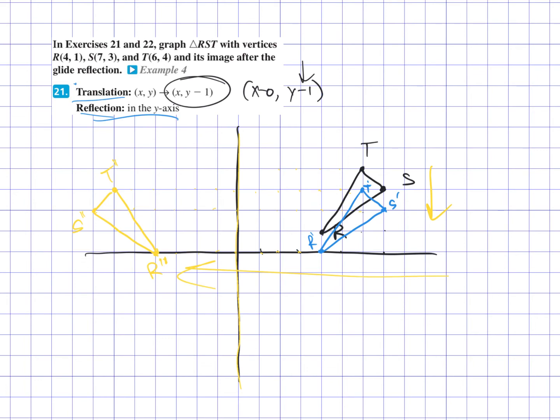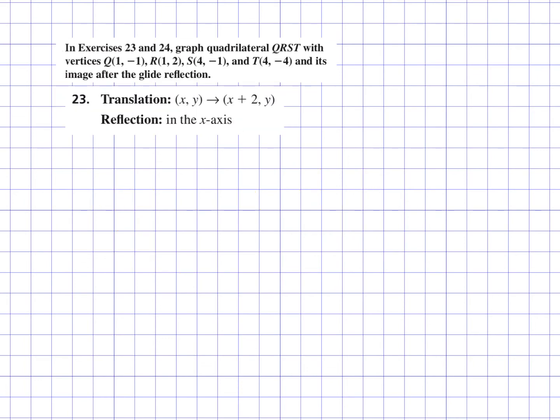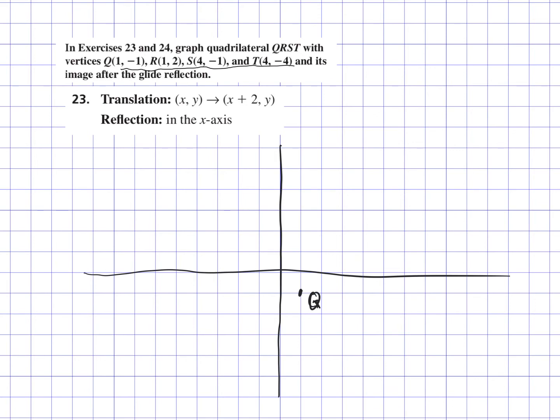All right. Same thing. We're going to draw this one. Just taking a look at all my numbers here to see where they're at. So Q is at (1, -1). R is at (1, 2). S is at (4, -1).